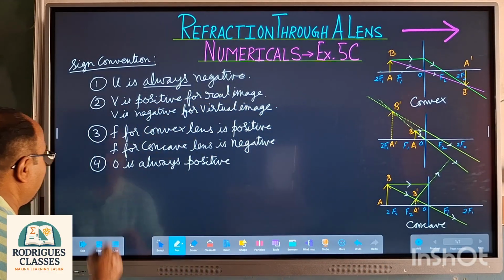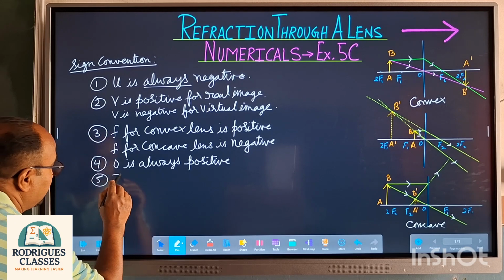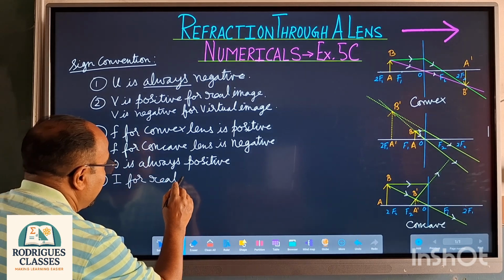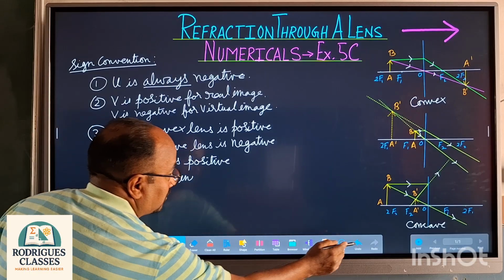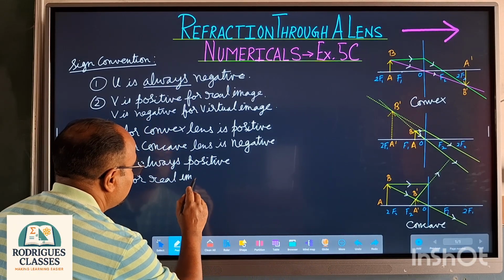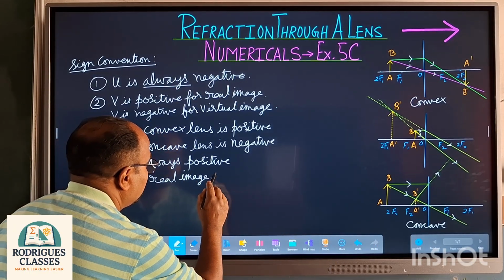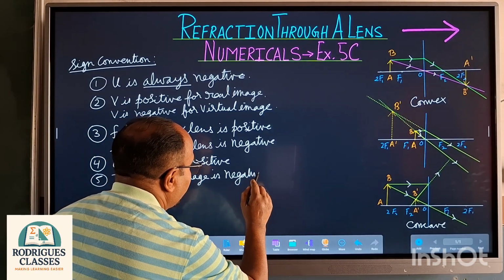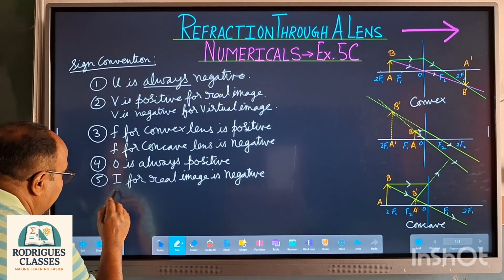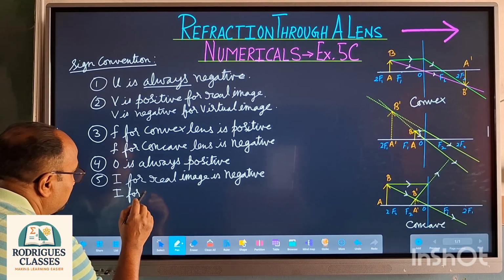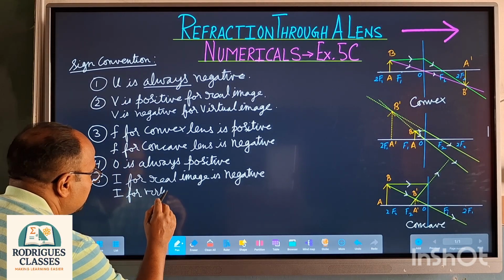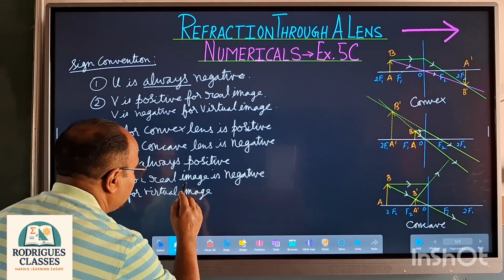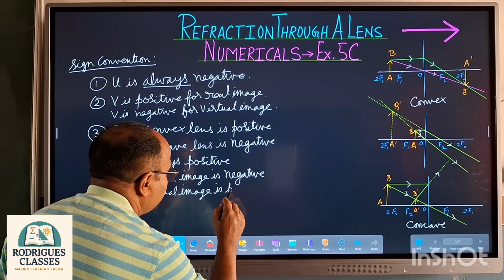So on that basis I for real image is negative, and I for virtual image is positive.